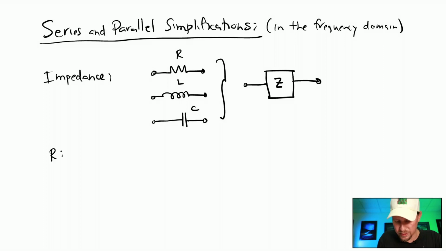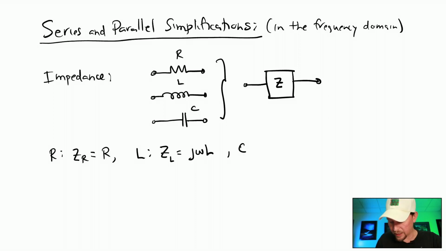Remember that for a resistor, the impedance is simply the resistance. For an inductor, the impedance depends on the frequency of the input signal, and it is calculated through the formula j omega L. And lastly, for the capacitor, the impedance is 1 over j omega C, like this.